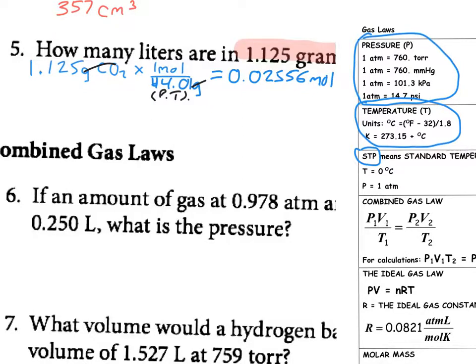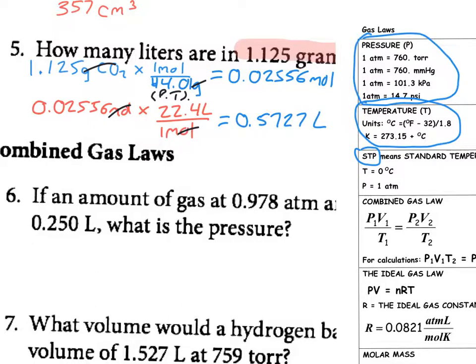Then I will take that value and use the relationship of what we have at STP with a mole and a liter. So I'll take the 0.02556 mole and multiply this by 22.4 liters, and this will give me my liter quantity, which should calculate out to be about 0.5727, and that, of course, is liters.